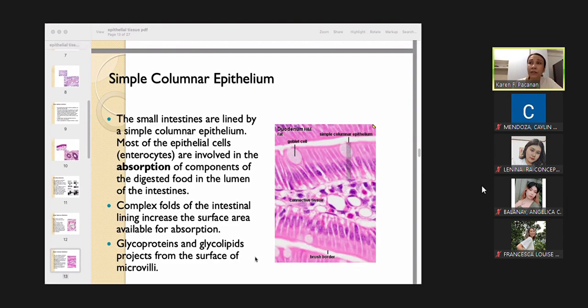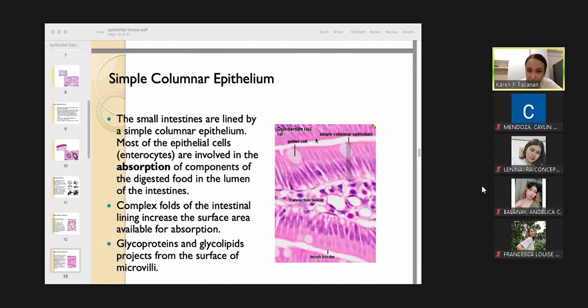Projecting from the surface of the microvilli are glycoproteins and glycolipids that would form the outer coating of the cell, which we call the glycocalyx. So we already named two examples of modifications found at the apical surface. First is the cilia, and second would be the microvilli.